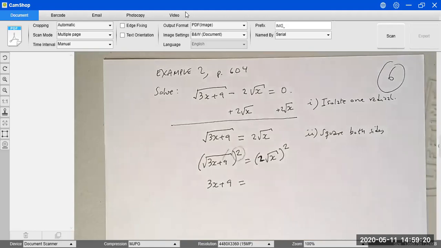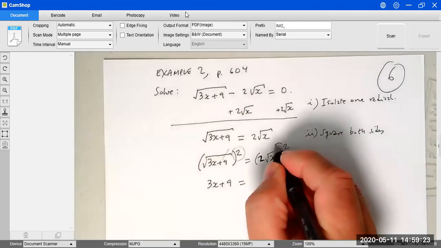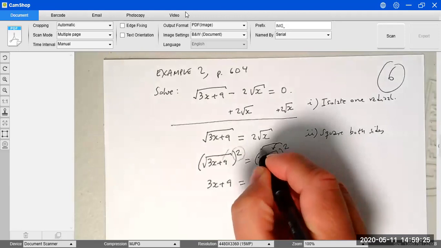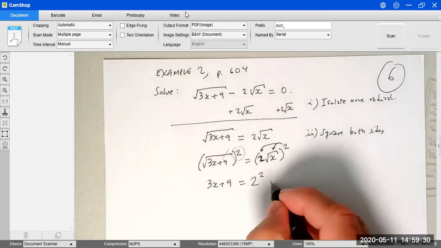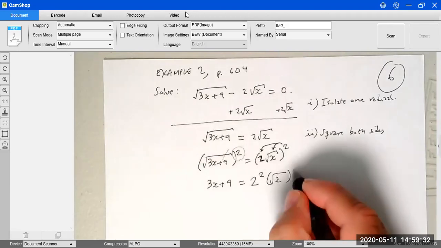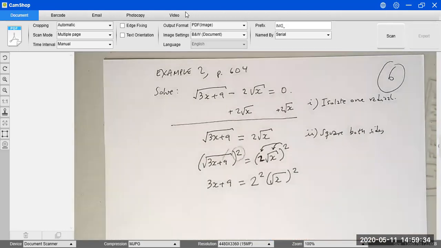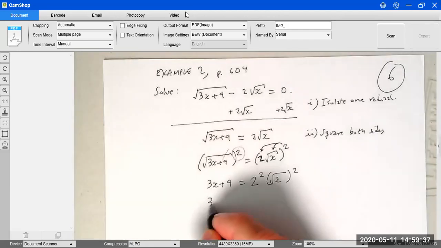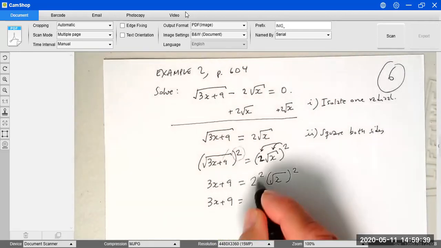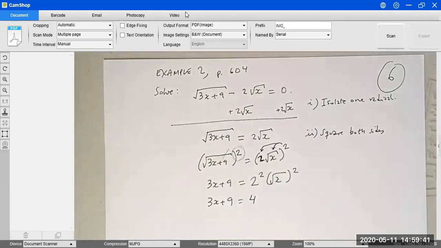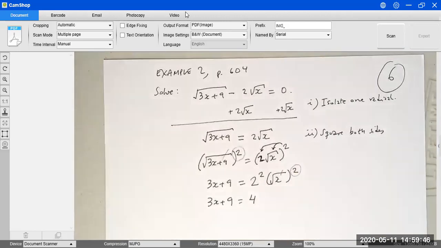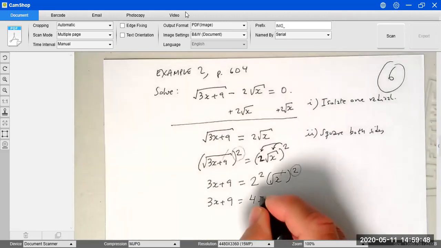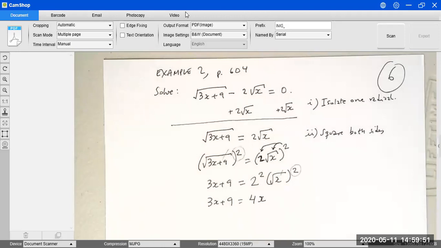On the right hand side, we need to distribute first the exponent. So you're going to have 2 being squared, and you're going to have the square root of x being squared too. Okay? So you get 3x plus 9 equals 4 times what is left, times x, because the exponent and the radical sign vanish.